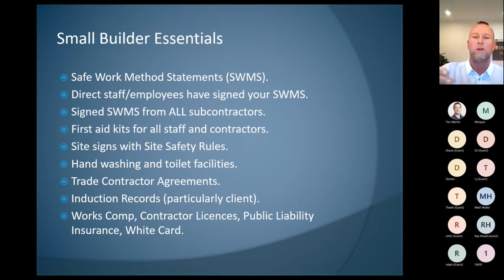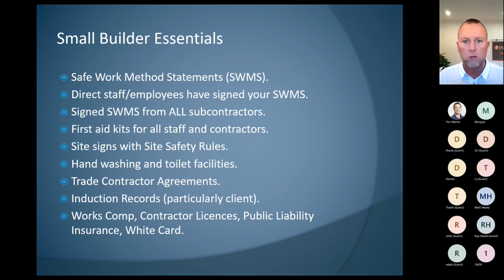So they've signed it, their team have signed it. Get a copy from them of a document they've sourced or prepared themselves. Your own team, your direct employees, need to have signed your safe work method statement. Now, inside that download I mentioned at the start, there is a comprehensive safe work method statement for a builder.